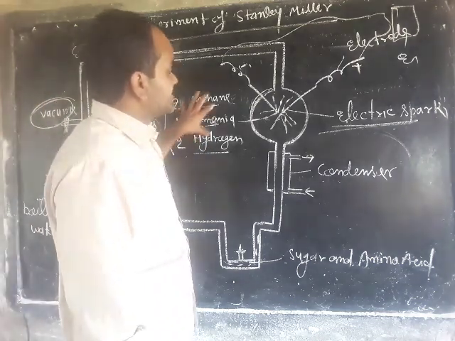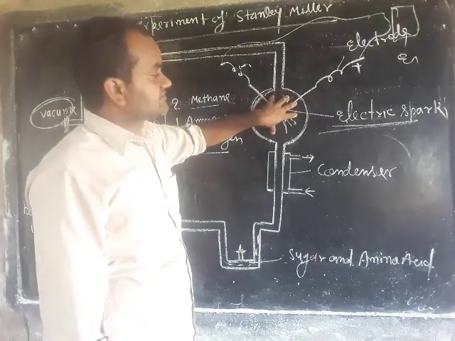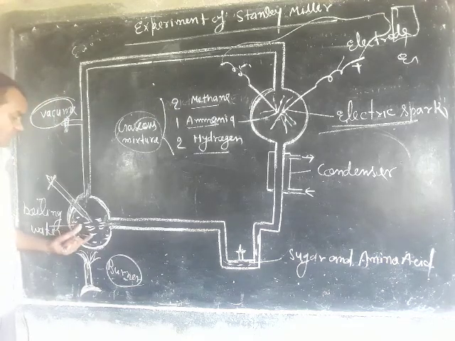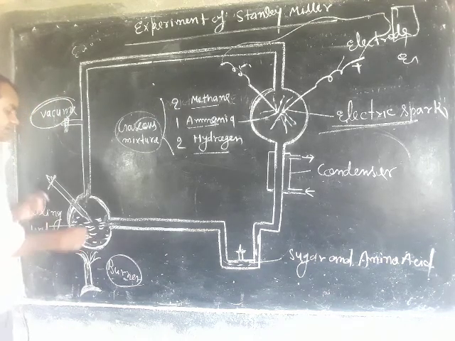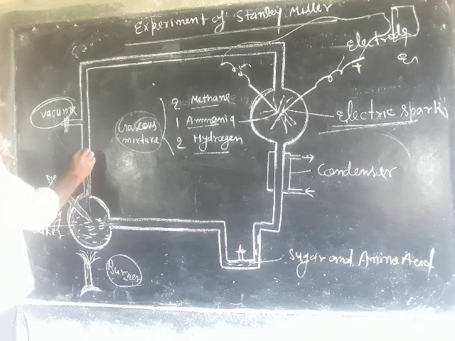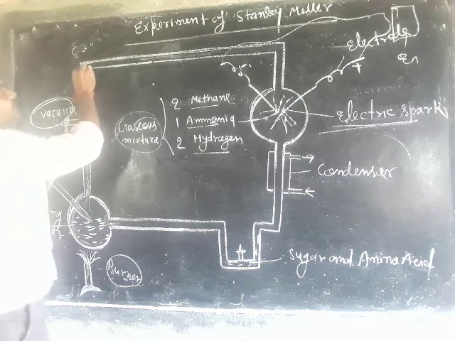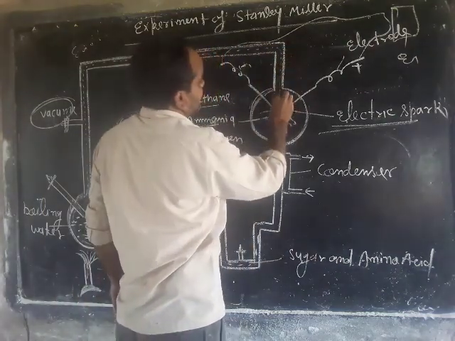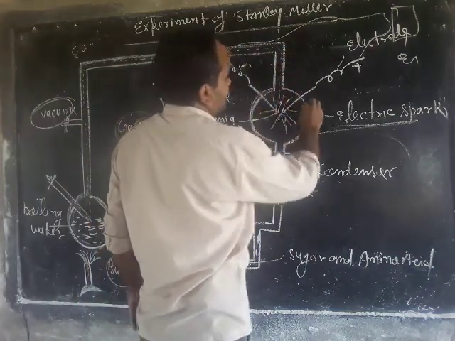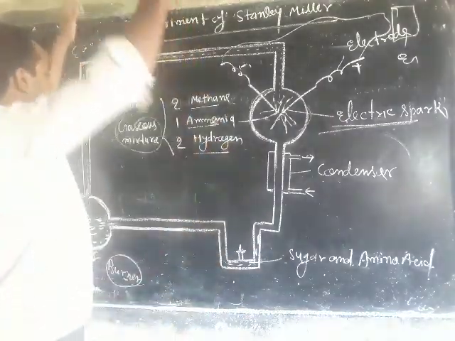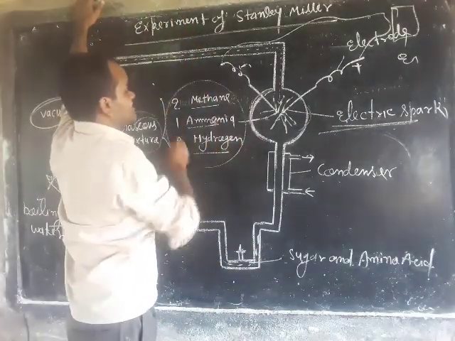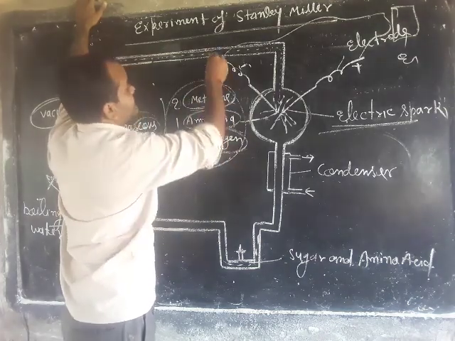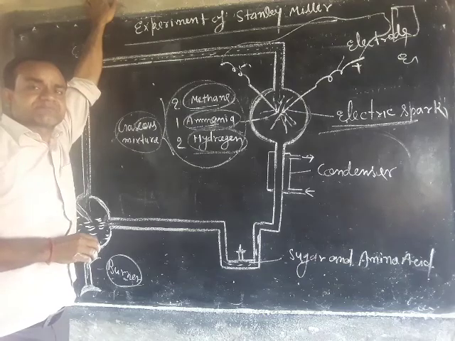When the water is boiled it emerges as water vapor, and this water vapor comes through the tubes and reaches the large flask. So here we have four components: methane, ammonia, hydrogen as well as water vapor.